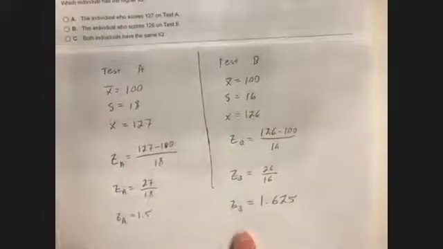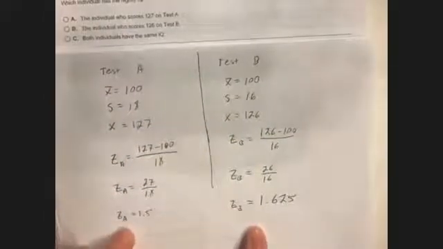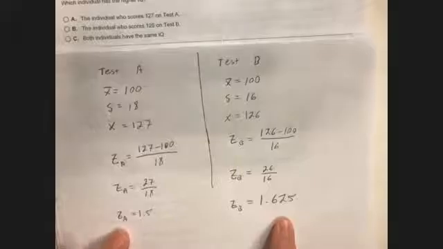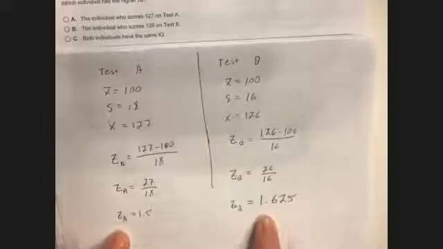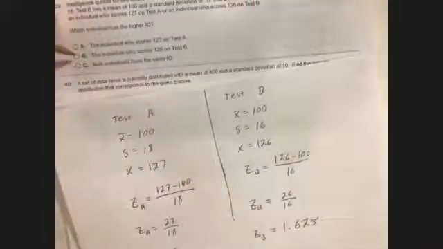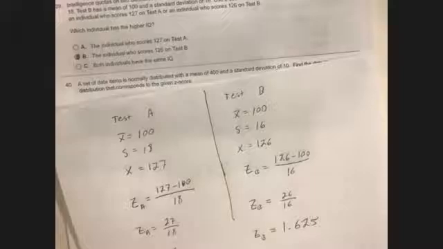So we look at those two numbers. Either this one's bigger than this one, or this one's bigger, or they're the same. Since B is bigger, if you make a 126 on the IQ test, you actually have a better score.